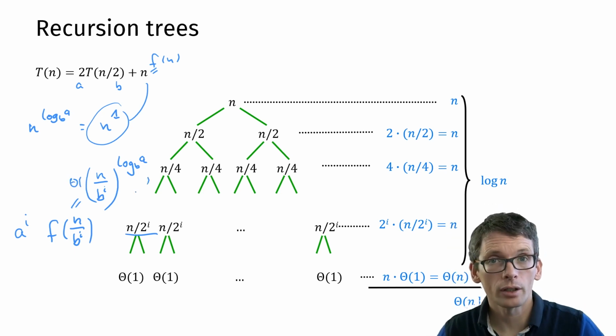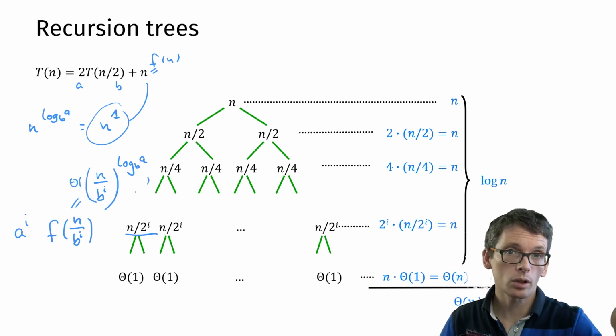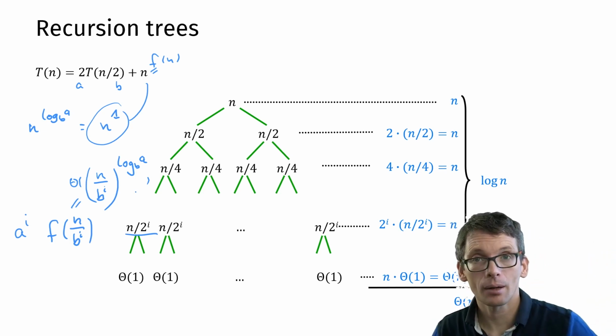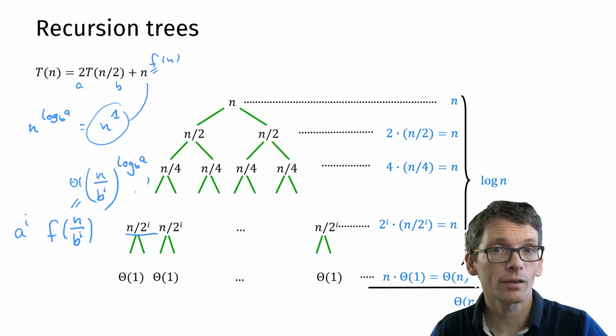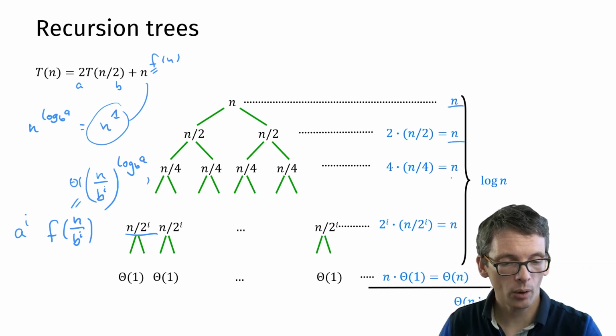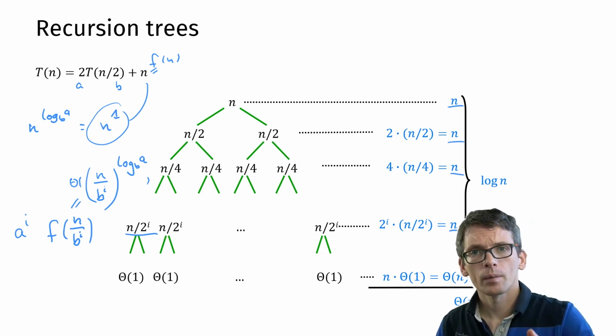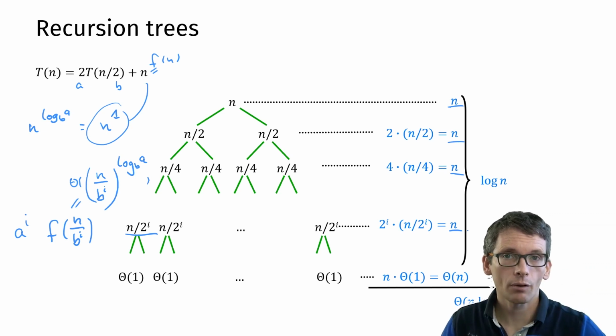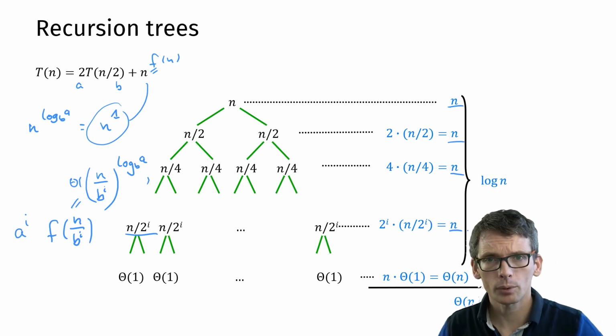Do the calculation here and use logarithm rules. You will see that we again end up with f of n on level i, meaning we get exactly what we had here. So here we had always n. In the general setting, we always get f of n up to some constant.